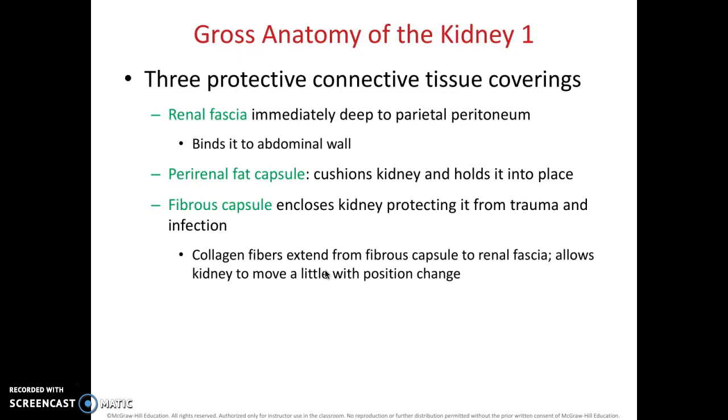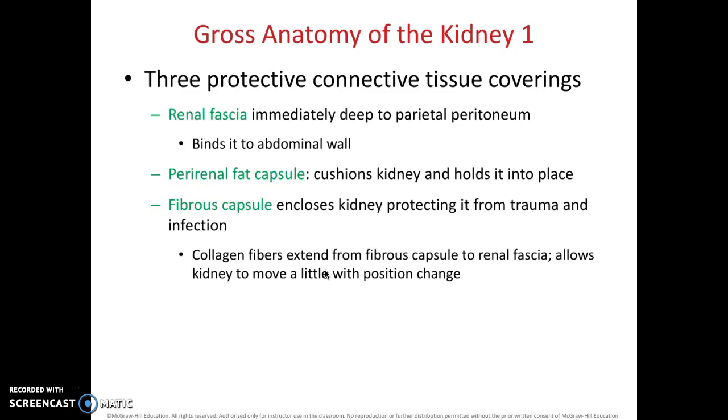As you can imagine, given what we just said about the 12th rib crossing the kidney, and that the 12th rib is a floating rib, the kidney is pretty prone to damage. I don't know if you've ever known anybody who's had a ruptured kidney or been kicked in the kidneys. That's really bad.